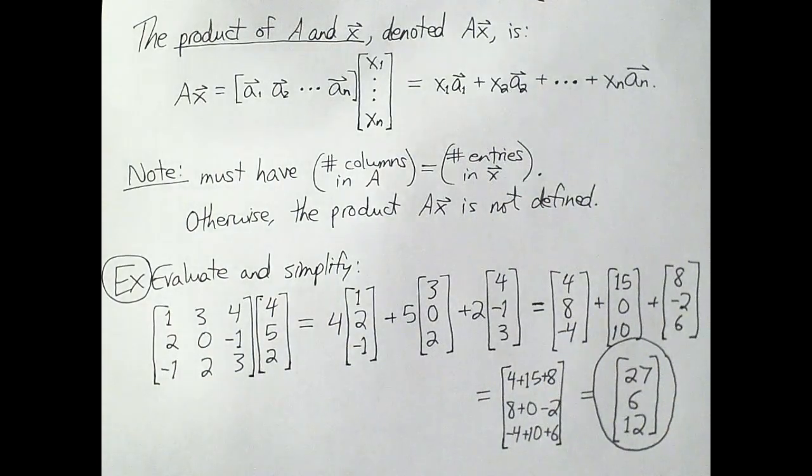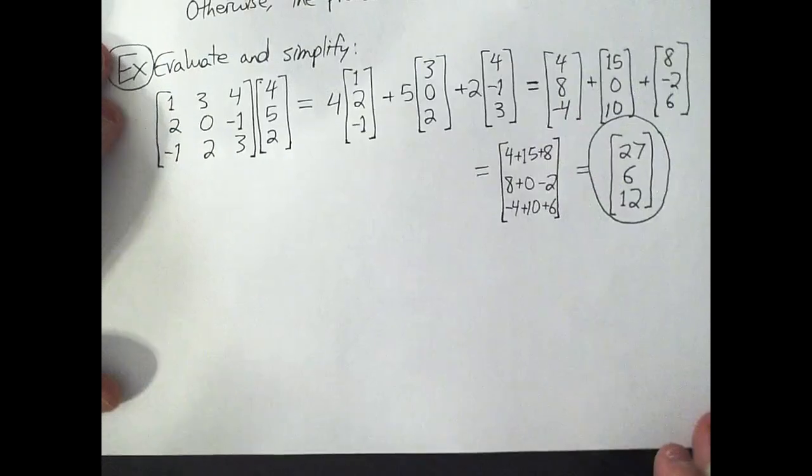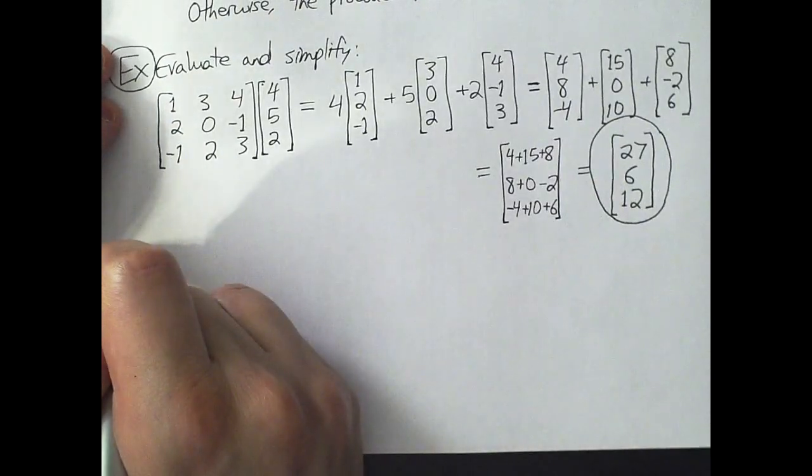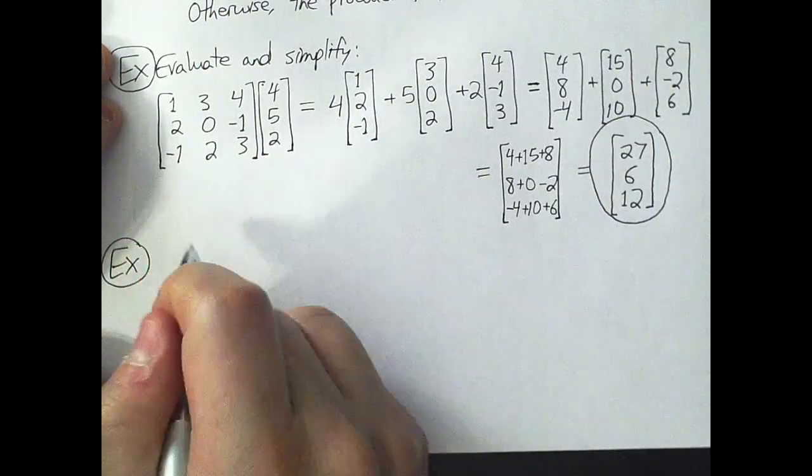So we started with a matrix times a vector, and the answer is a vector. And all we have to do is a bunch of adding and multiplying. So let me give you one like this to try. See, it looks complicated when we say the definition, but when we actually do it, it's not that bad.